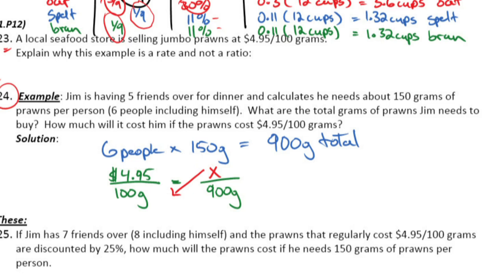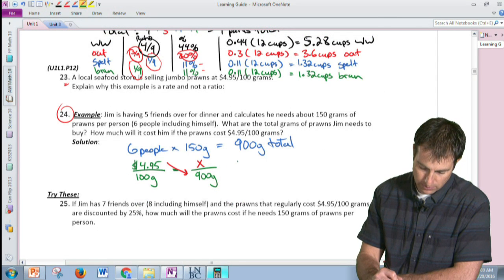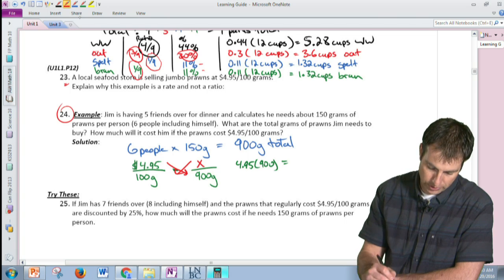So I guess we'll start here. 4.95 times 900 is going to be equal to x times 100.